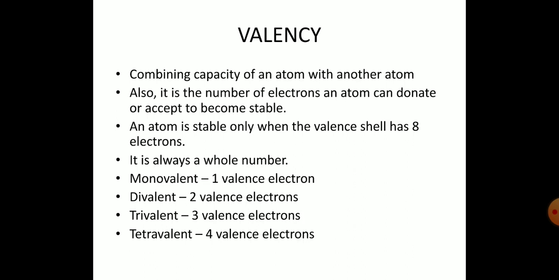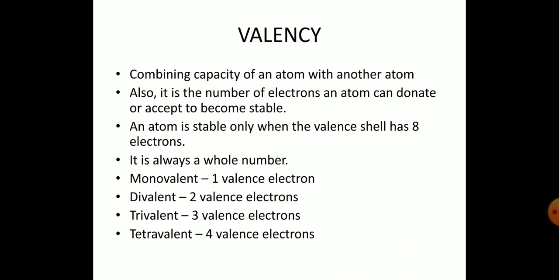She cannot put anything which is red in color, is it not? She knows only the chili powder will combine well. Similarly, the combining capacity of one atom is determined by its valency. It is the number of electrons an atom can donate or accept to become stable.